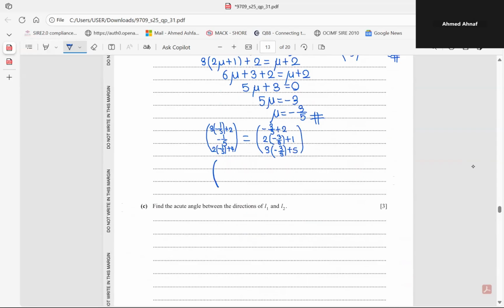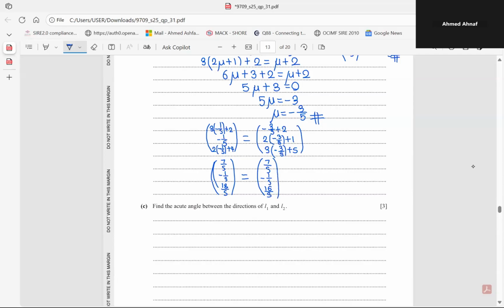Now let's simplify all these. The first is 7 over 5, minus 1 over 5, and 4 minus 2 over 5, which is 18 over 5. For L2, 2 minus 3 over 5 is 7 over 5, then 2 times minus 3 over 5 plus 1 is minus 1 over 5, and 5 minus 9 over 5 is 16 over 5.